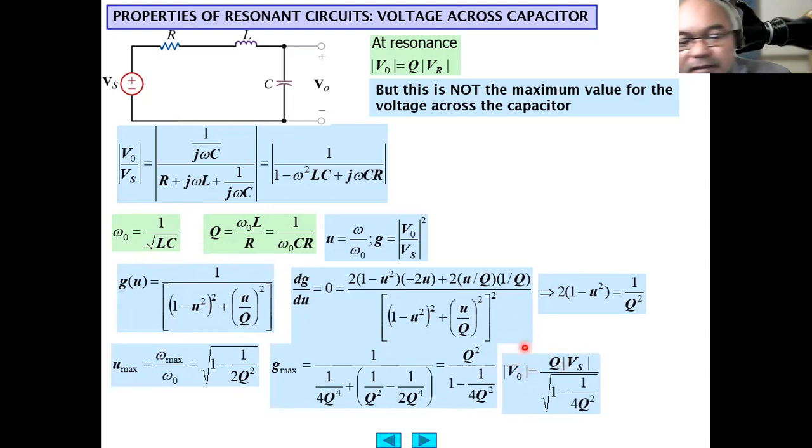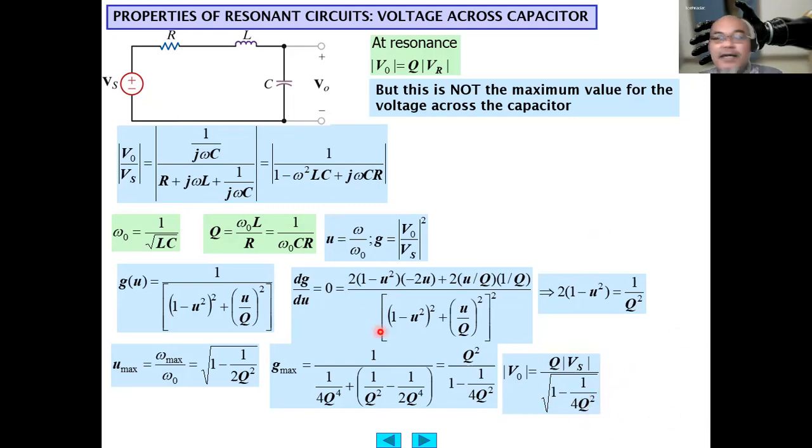Okay, V output then, since G is basically the ratio between the V output over V source squared, the V output equals Q times the magnitude of Vs divided by the square root of 1 minus 1 over 4Q squared.